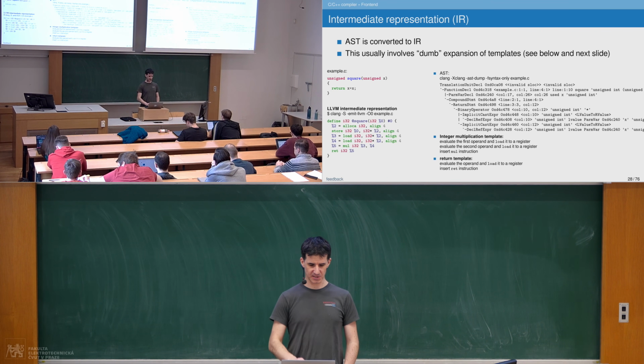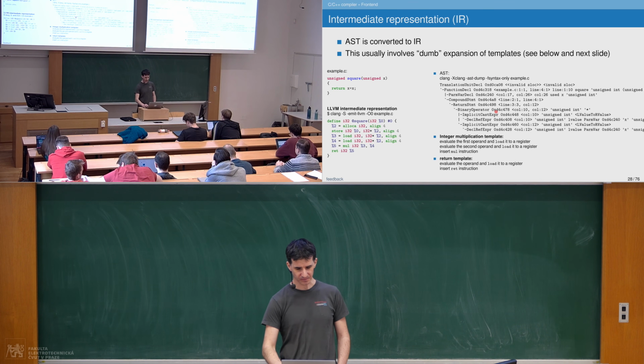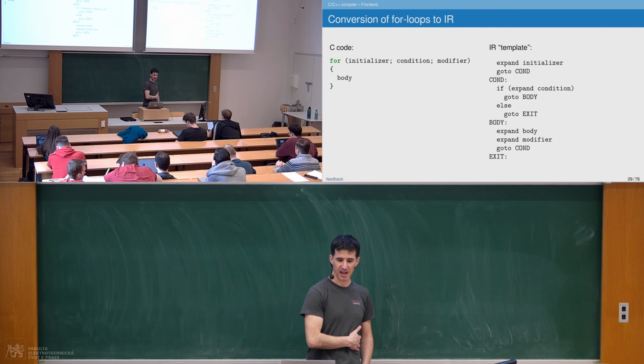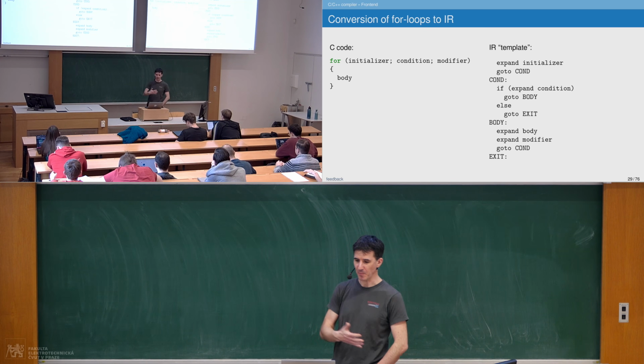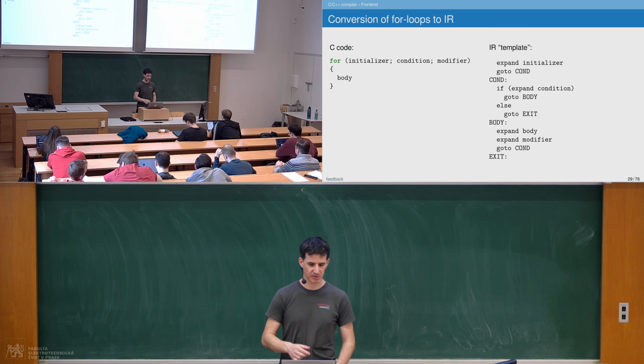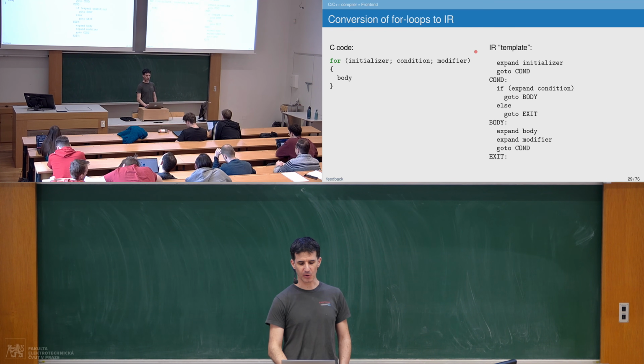So how is this abstract syntax tree converted to intermediate representation? Every node has a template. For example, the template for the for loop can look like this.